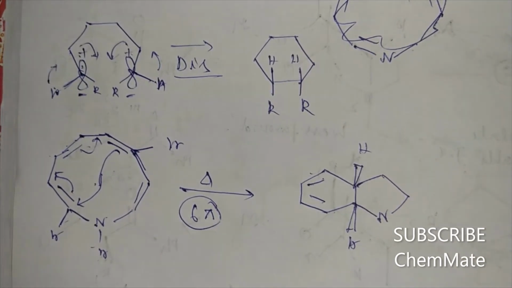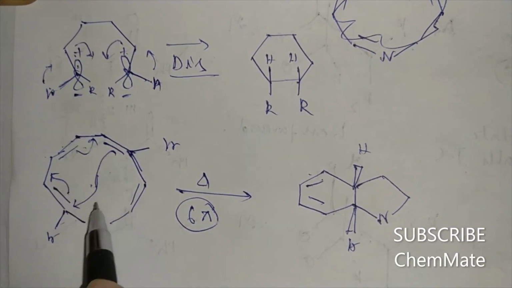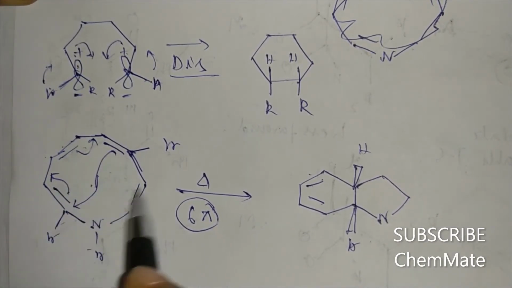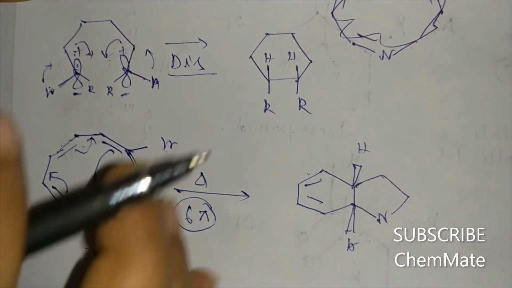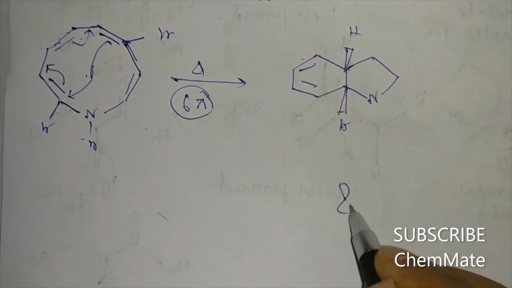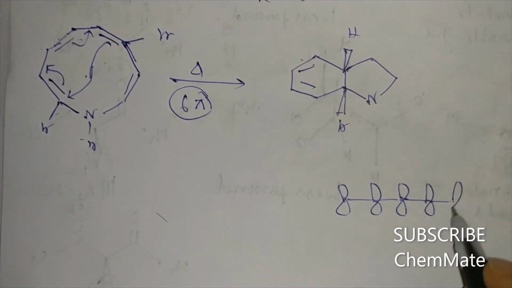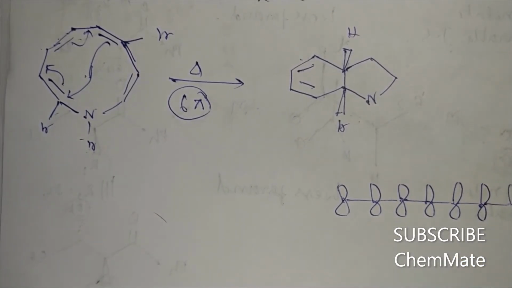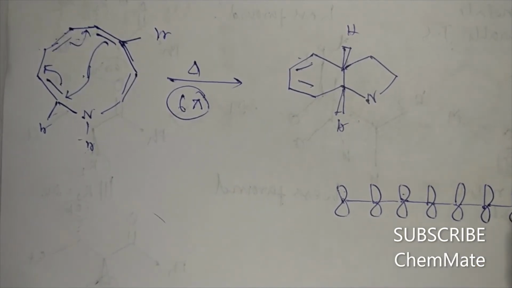But if we consider the other condition, that is the 8 pi electronic system, then what will happen? Here psi4 will be the HOMO. 1 2 3 4 5 6 7 8.